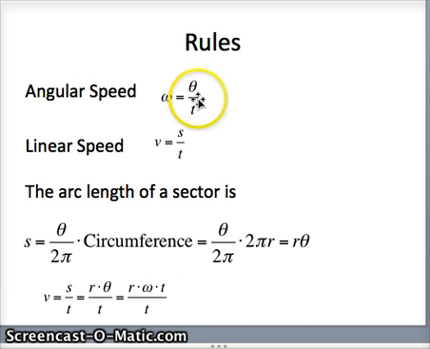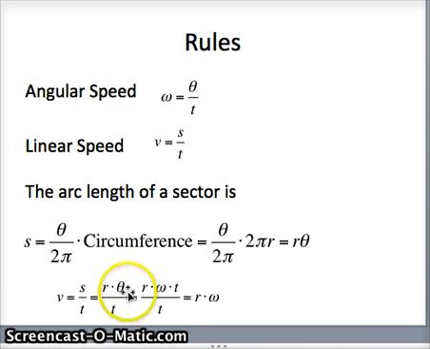So making that substitution, now we get the linear speed is r times omega times t divided by t, which of course will give us our shortcut rule that the linear speed is just the radius times the angular speed. So that's helpful for us at times as we're looking at this.